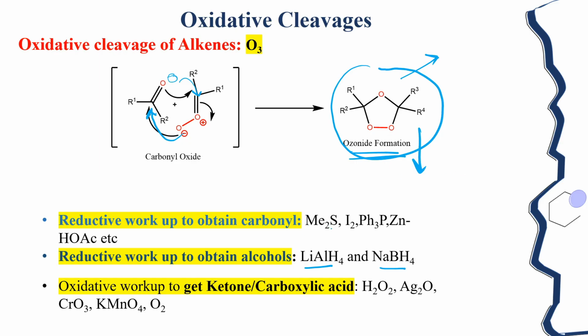And if you want oxidative workup to get ketone or carboxylic acid, then you have to treat that particular ozonide with H2O2, Ag2O, that is silver oxide, CrO3, KMnO4 or O2. That means an oxidative agent is required to do that type of oxidative workup to get ketone or carboxylic acid. Now let us see certain examples of that particular reaction.